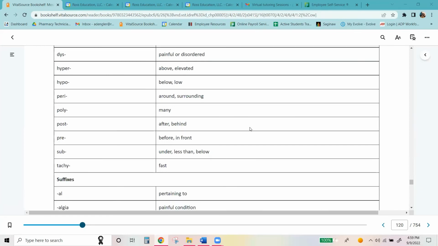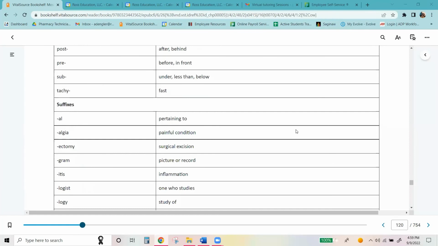And tachy means fast. Then some examples of suffixes. Pertaining to is AL. Then, for example, LOGY, the study of, like psychology, pharmacology, sociology.